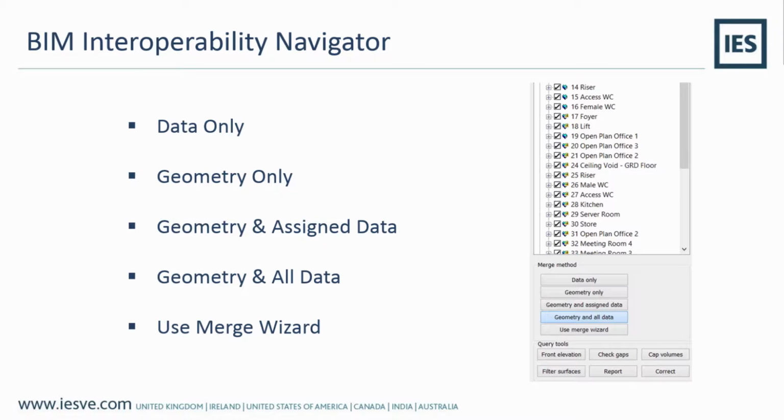So maybe you don't want any geometry, it's just new data that's come across. Or on the other hand, you don't want any data, you've got all the data set up in a pre-set model that you've already run, so you only want the new geometry to come across. Or actually, it's your first run, you want geometry and only assign data.